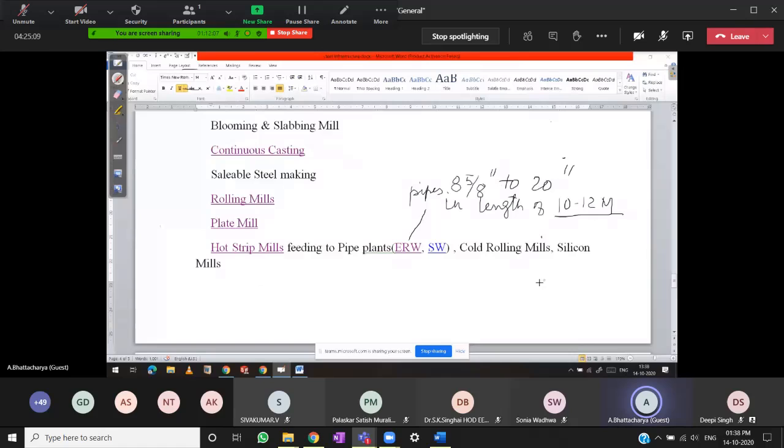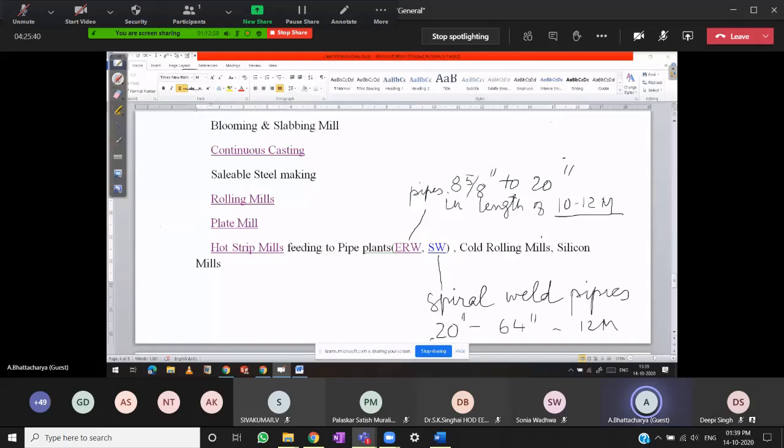The other method of pipe making is spiral weld. This SW stands for spiral weld pipes. Now this is from 20 inches to 64 inches, and length is the same, 12 meters. So this is the length range and diameter range of spiral welded.